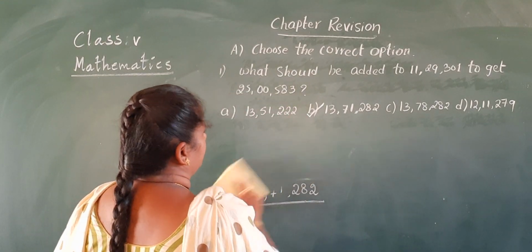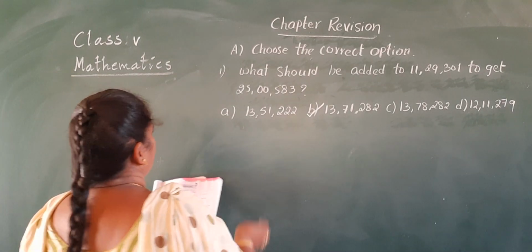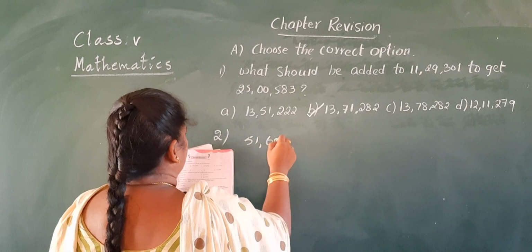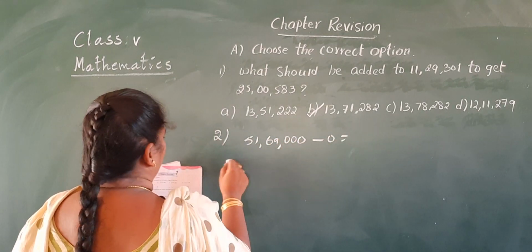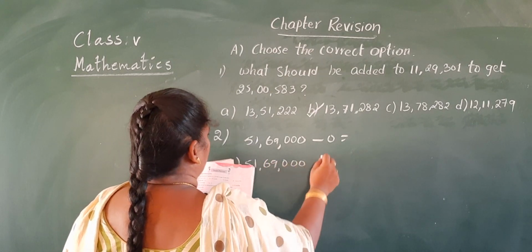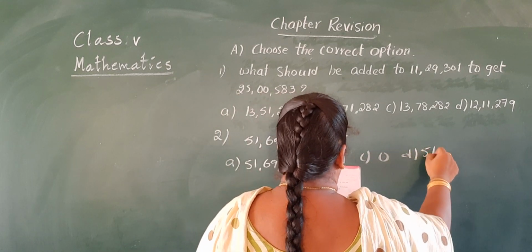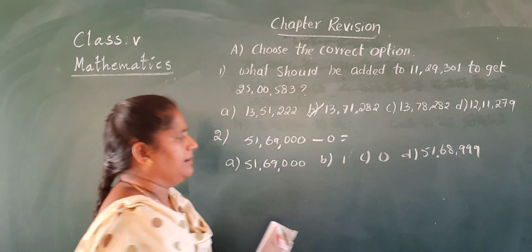Next, second one. Second question. 51,69,000 minus 0 equal to: A 51,69,000, B 1, C 0, D 51,68,999.